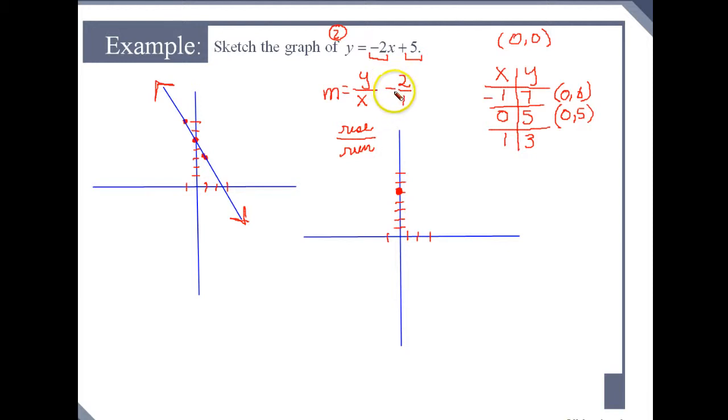So it's negative, and I show my students that if it's a negative run, you go over 1, and then you do your rise of 2. And notice, that's it right there, over 1, up 2. See, there's your slope right there. And then, from that point, you make your line.